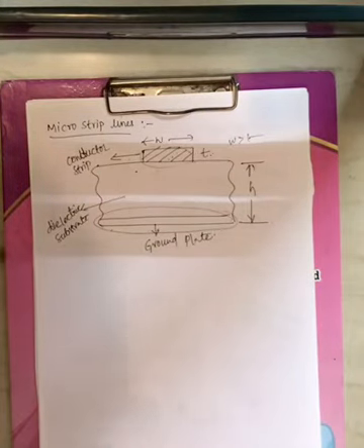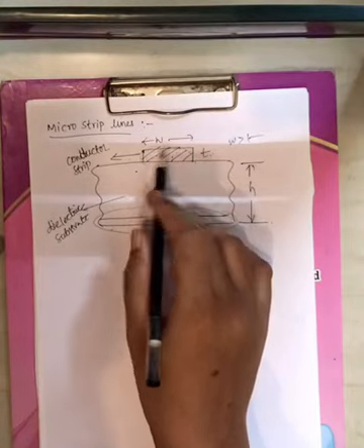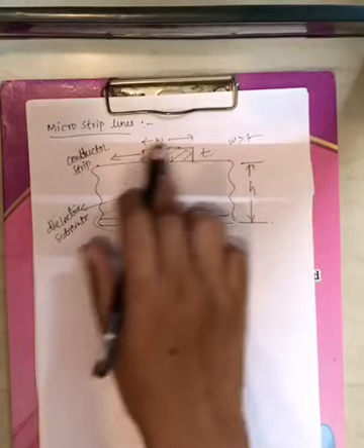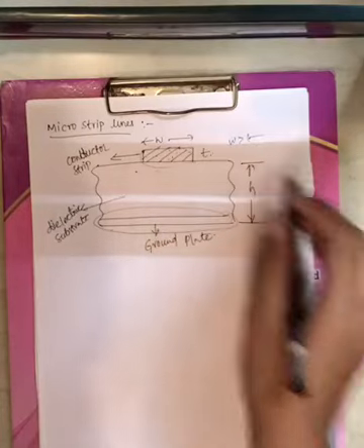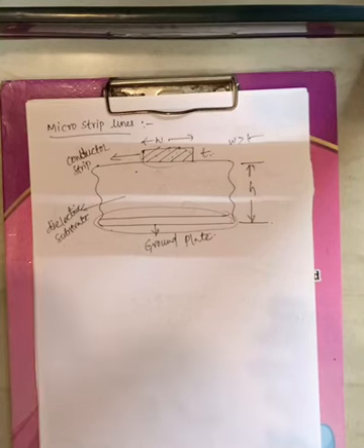Now coming to the advantages, because there is no ground plate on top of this strip, if you want to mount any active and passive components like BJT or transistor, that is possible in microstrip line. Adjustment of this strip is also possible.